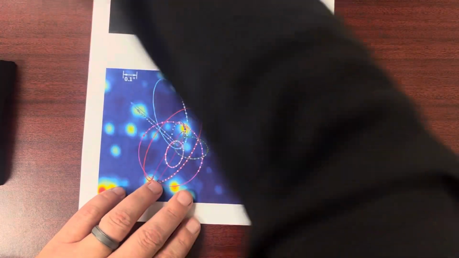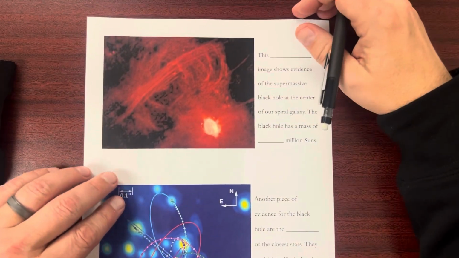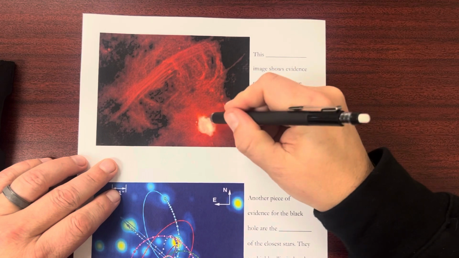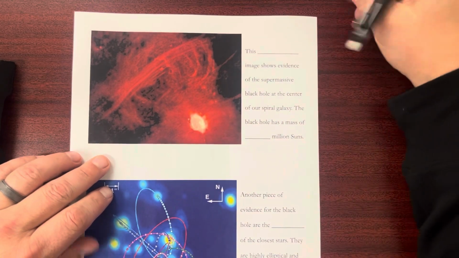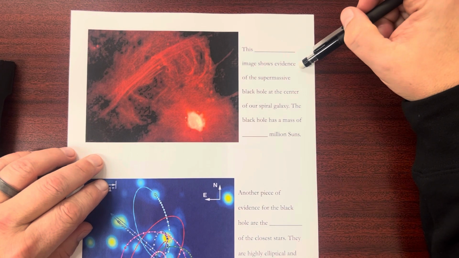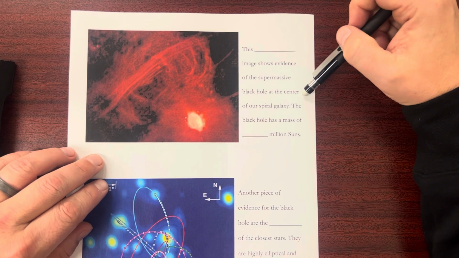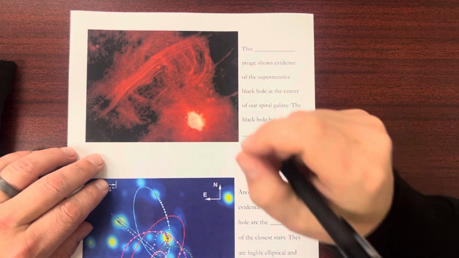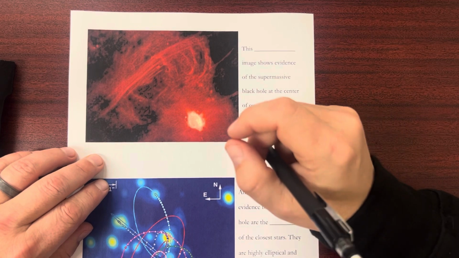All right, so some more stuff about spiral galaxies. We see this image here in this really bright location. So this radio image shows evidence of a supermassive black hole at the center of our spiral galaxy. And that's what we see here. We don't actually see the black hole.